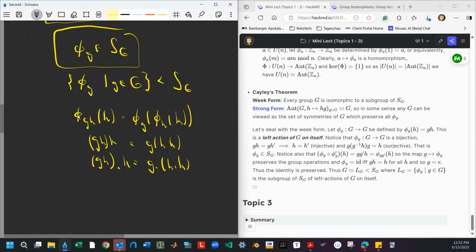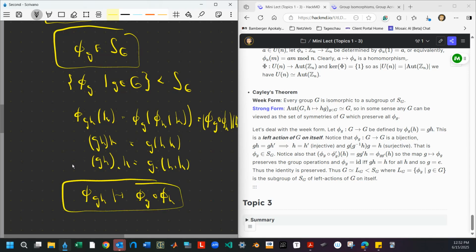Okay, but this is saying, this thing moves K. And what is this? Well, this is really phi of G of phi of H of K, right? So what this is saying is that phi of GH gets mapped to phi of G compose phi of H, like that.